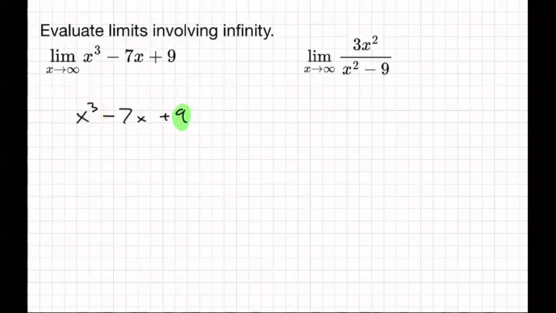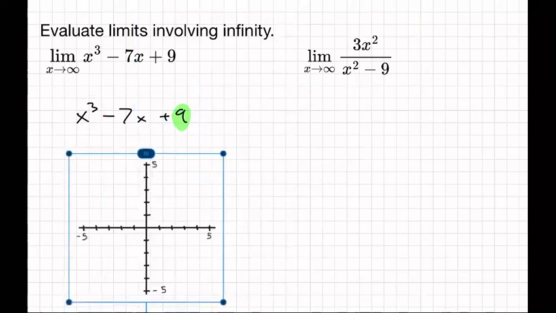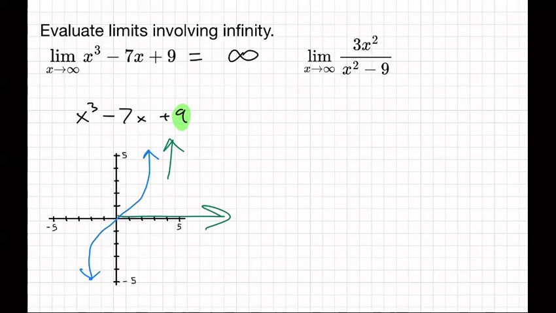And if you remember, just a quick sketch of x cubed looks something like this. As we approach the positive infinity direction, okay, this graph's going to just grow and grow and grow. Okay. And since nothing's going to stop it, that means this limit just equals positive infinity.